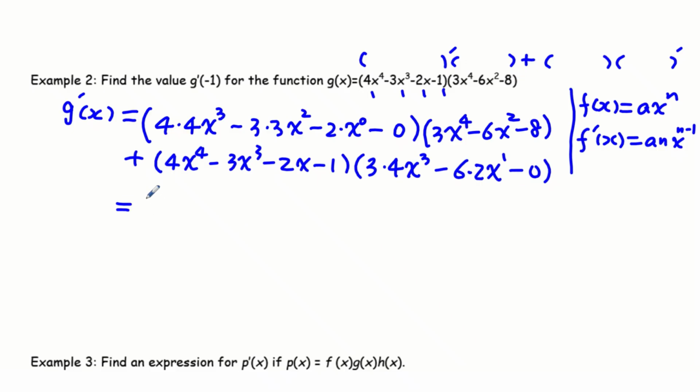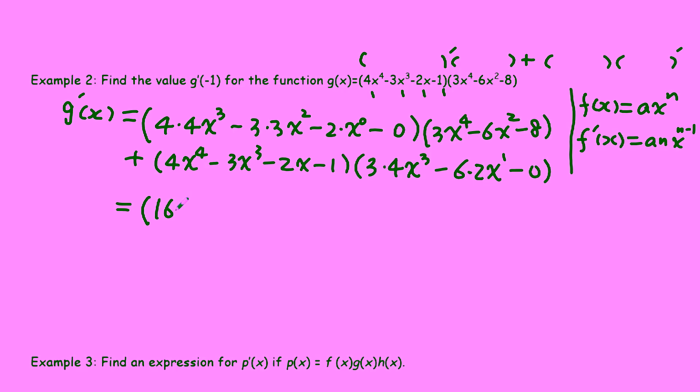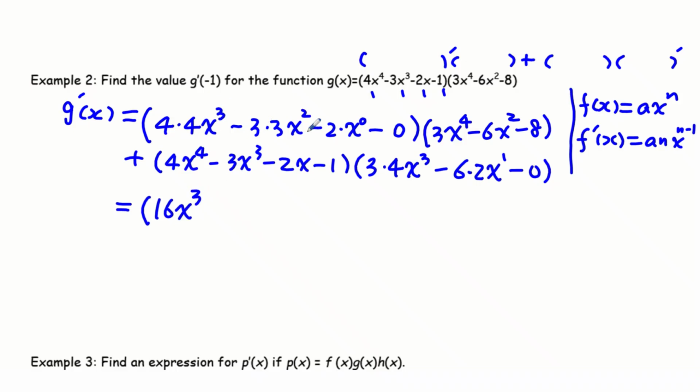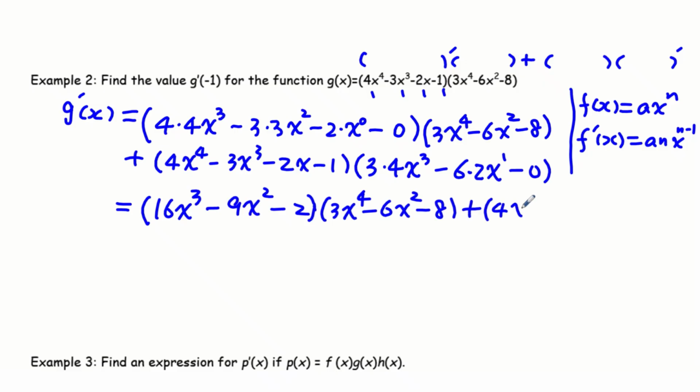Then simplify a little bit. 4 times 4 is 16. All the other terms have the same variable but different degrees, so they are not like terms and we couldn't collect them. So 2 times 1 gives you 2. Then copy 3x to the fourth minus 6x squared minus 8. Then continue plus, copy the first function in the bracket. Then the simplified second function is 12x cubed minus 12x.